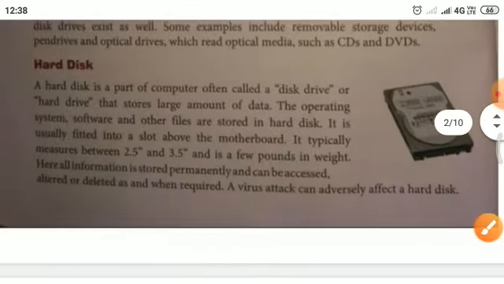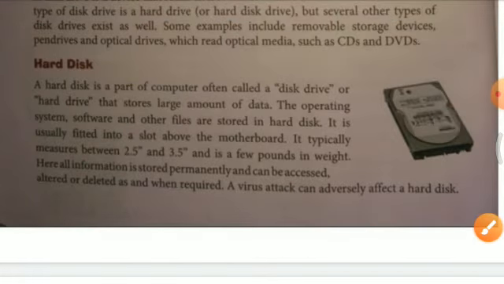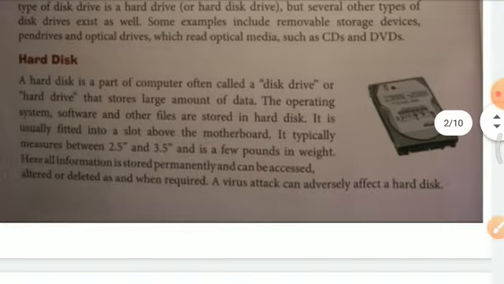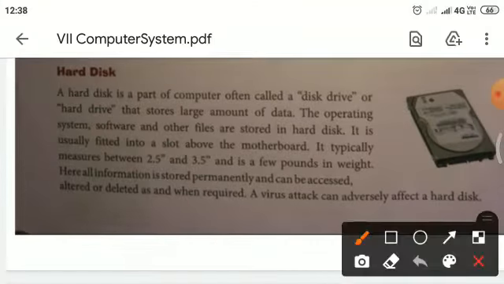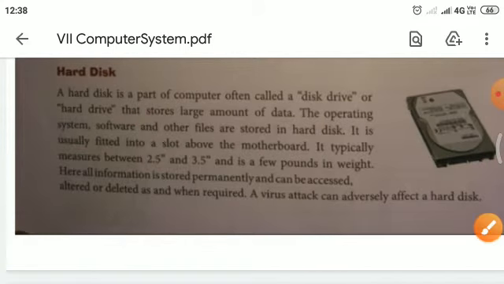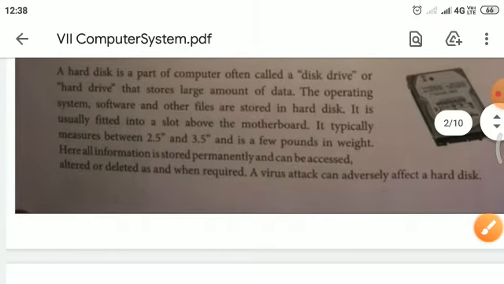And now the next major component of the system cabinet or computer cabinet is the hard disk. The hard disk is a part of the computer, also called a disk drive or hard drive, that stores a large amount of data.